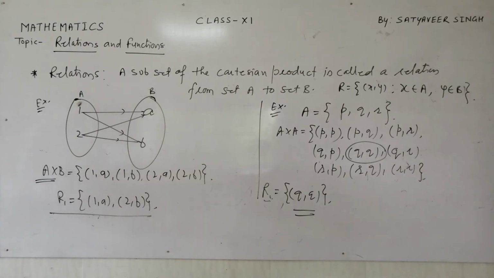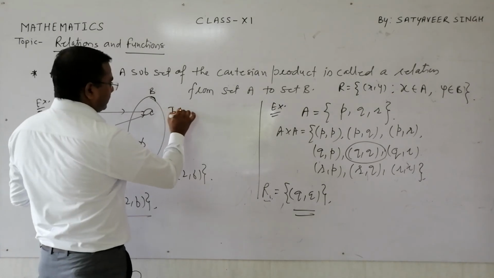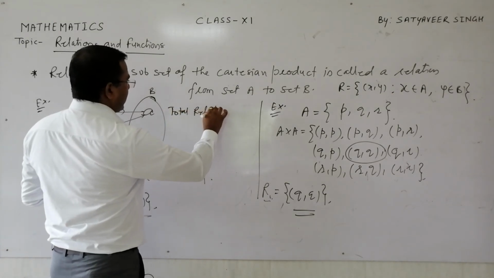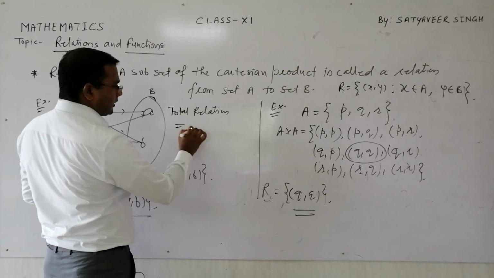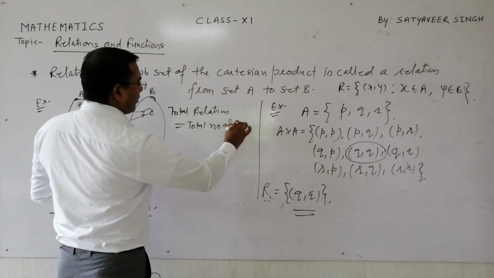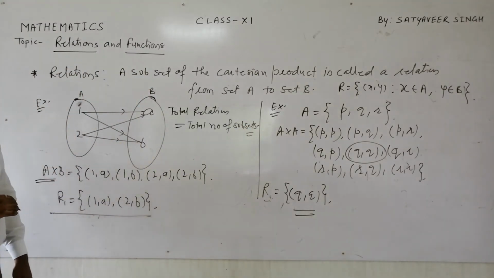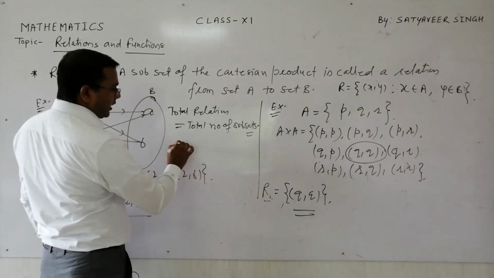See students, this is a very important concept. Now we can write how many total relations are possible. Total number of relations will be equal to the total number of subsets, because we are saying these are the subsets of the Cartesian product, and the total number of subsets we can count.